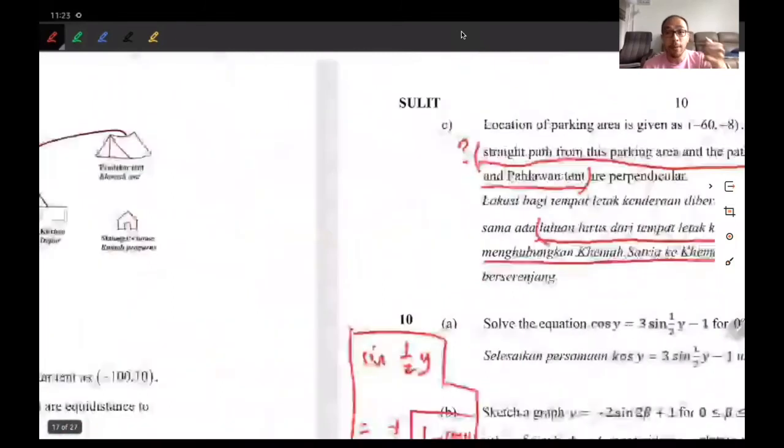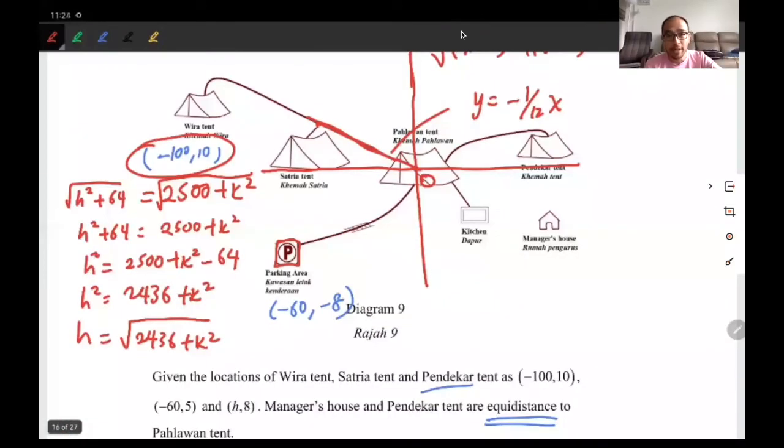from the parking area. Our first assumption was maybe talking about this one, so I formed this equation, and then this straight path. That was our first instinct. Is this line and this line perpendicular?